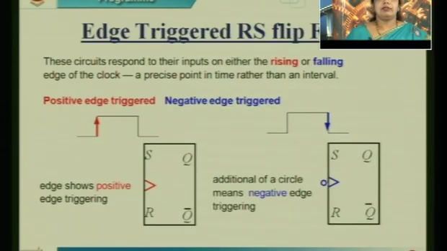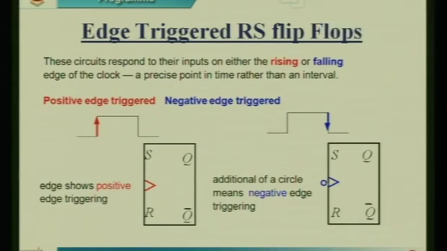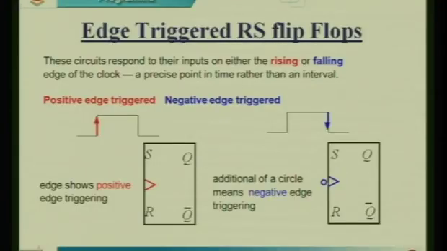Let me start with the edge triggered RS flip-flop. As we discussed in the previous session, there is a difference between edge triggering and level triggering. When I talk about edge triggering, I always consider either the rising edge or the falling edge of the clock. As you know, a clock is nothing but a continuous train of pulses, represented as a 0 to 1 transition and a 1 to 0 transition back.